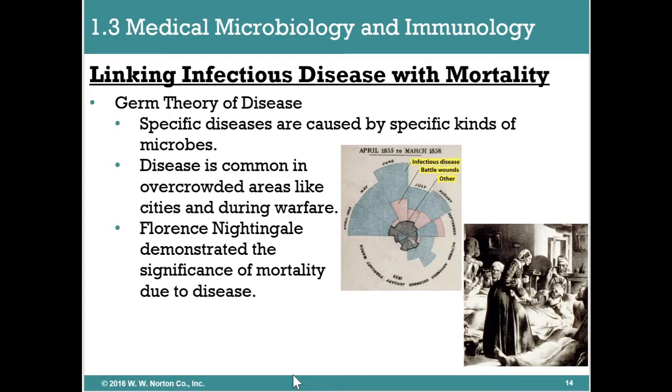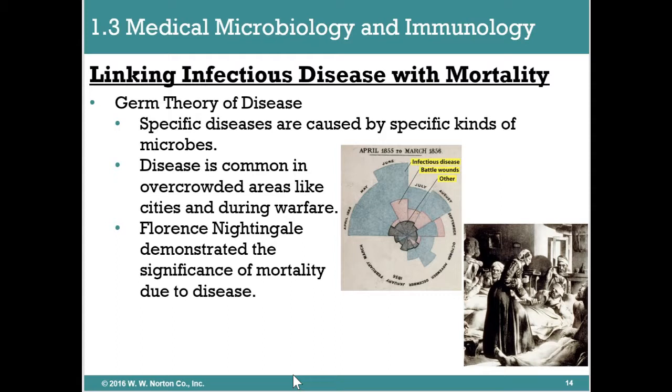Okay, so now we're going to talk about Florence Nightingale. She was the first one to actually publish a textbook on nursing. She was the one who linked infectious disease to mortality. She came up with something called germ theory, meaning that a specific disease is caused by a specific microbe.